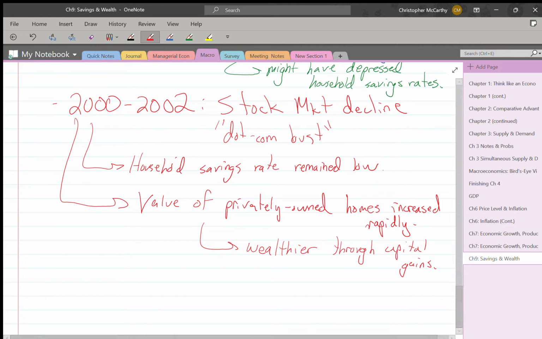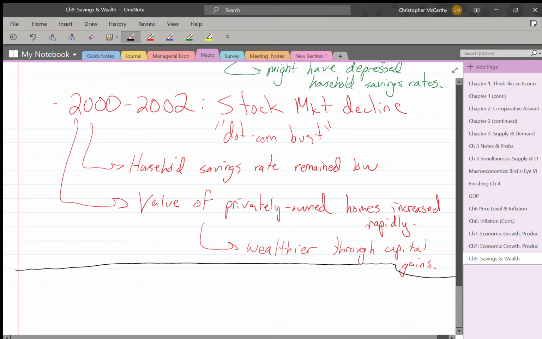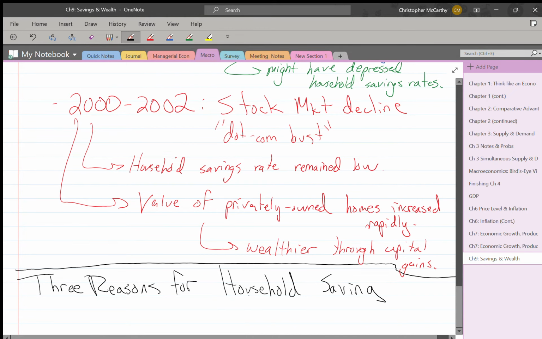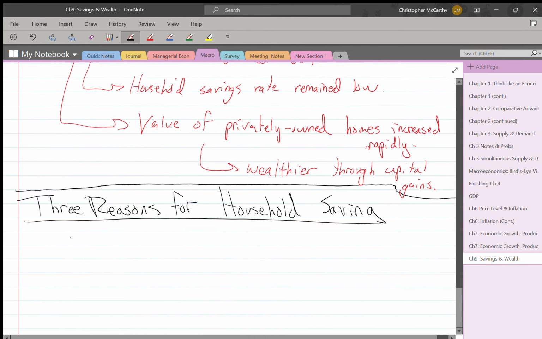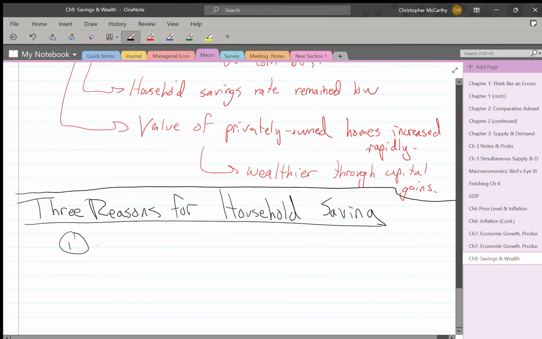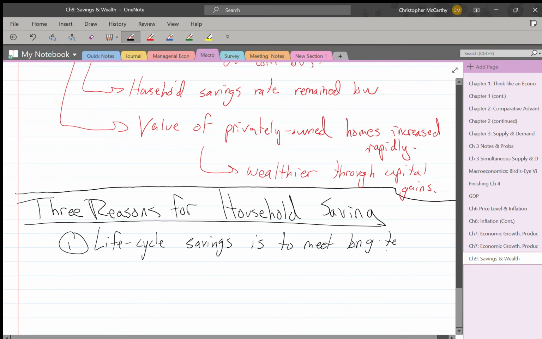Now, why are households saving in the first place? So the first reason is what we call life cycle savings. And life cycle savings is to meet long-term objectives.